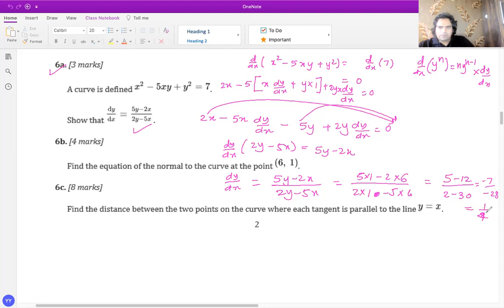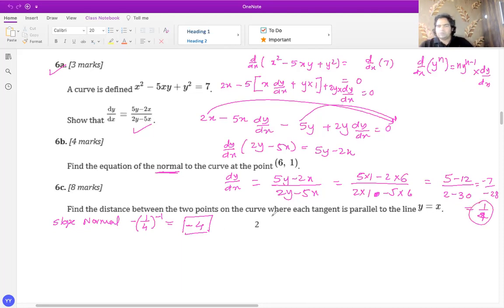So the slope of tangent is 1 over 4, but they're expecting us to find slope of normal. The slope of normal is the negative reciprocal of 1/4, which is nothing but negative 4.